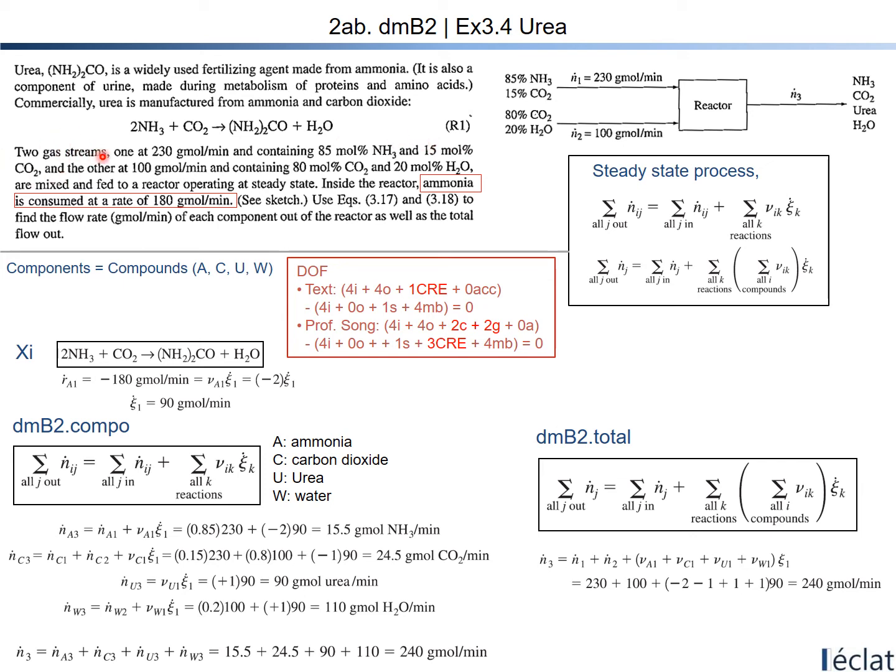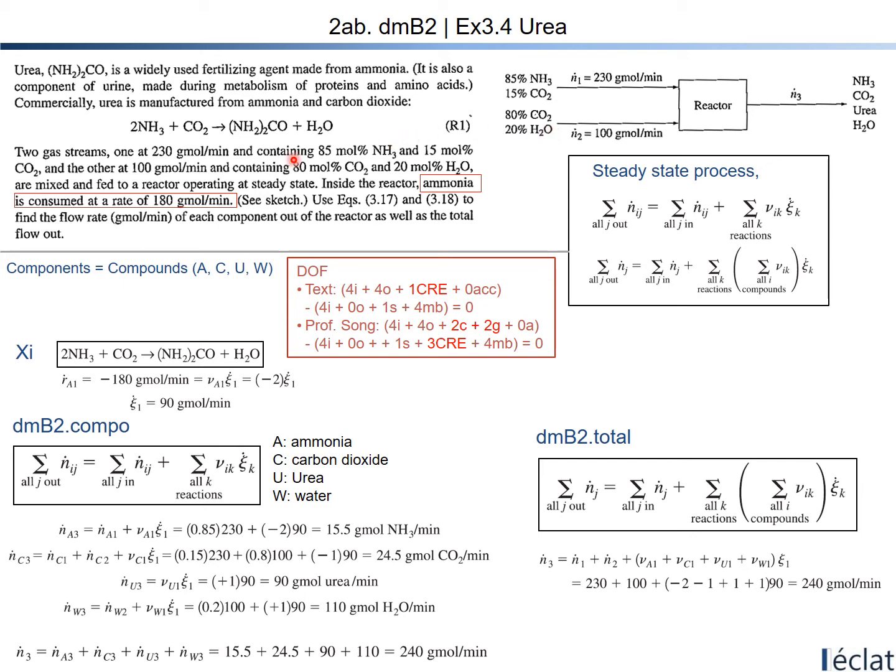We have two gas streams as input to the reactor. One is at 230 gram mole per minute, and the second stream is flowing at 100 gram mole per minute, and the composition of each stream is also given to you: 85% ammonia and 15% carbon dioxide, and in the second stream 80% CO2 with 20% water.